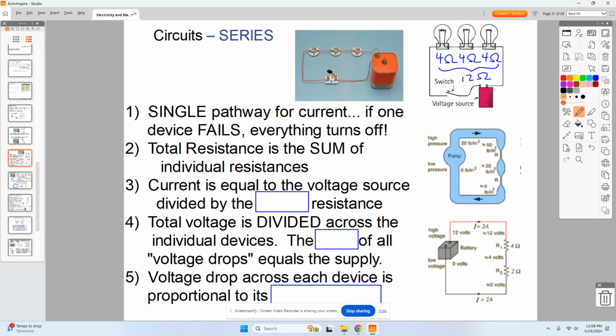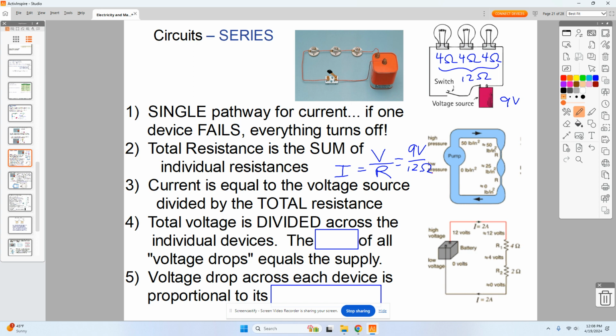The current is equal to the voltage source divided by the total resistance. This, again, goes back to that concept that I would be equal to V over R. So in this case, if that were a 9-volt battery, that would be 9 volts divided by 12 ohms, and that's how I get the current flowing through that circuit.